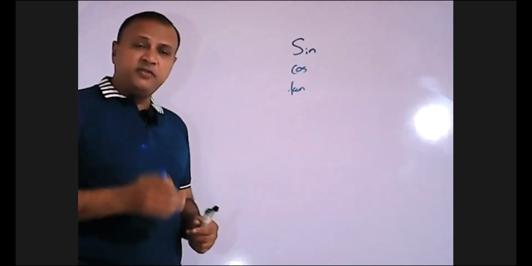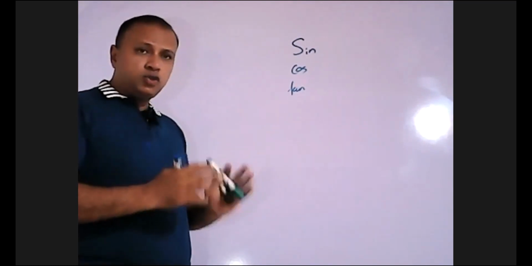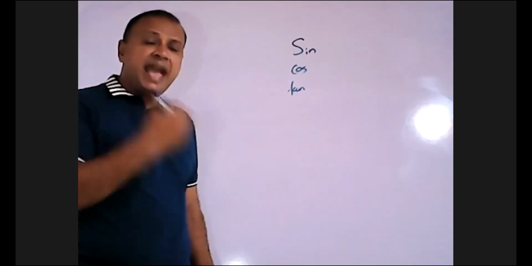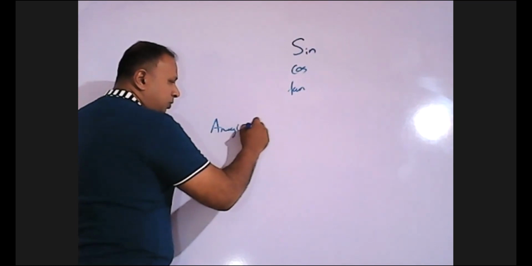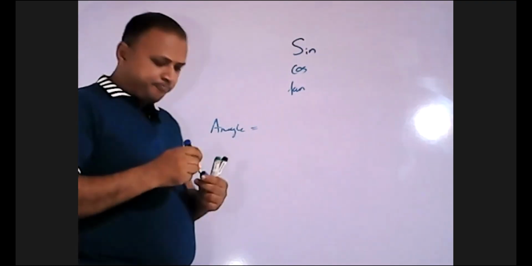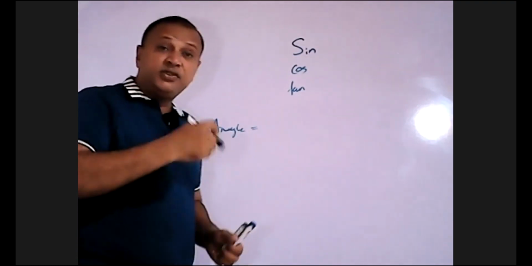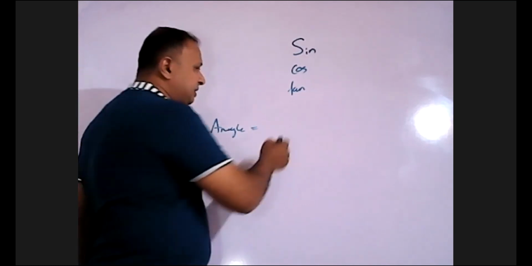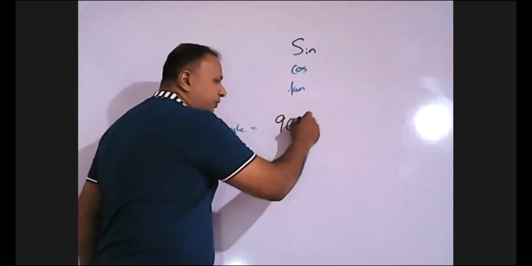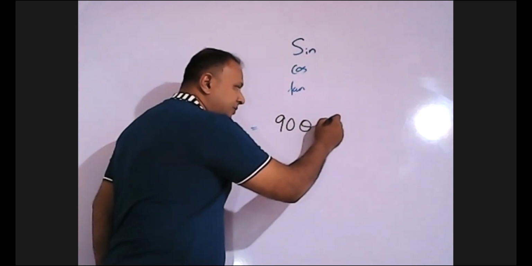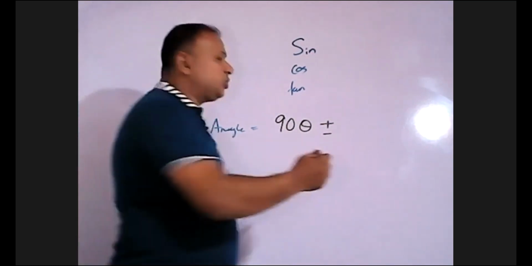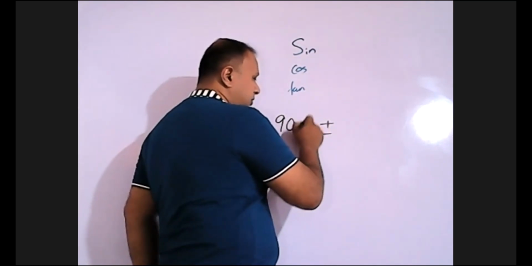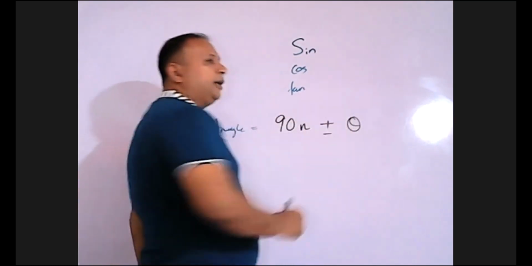During that lesson, we discussed how to represent any angle using an integral multiplication of 90 and addition or subtraction with an acute angle.